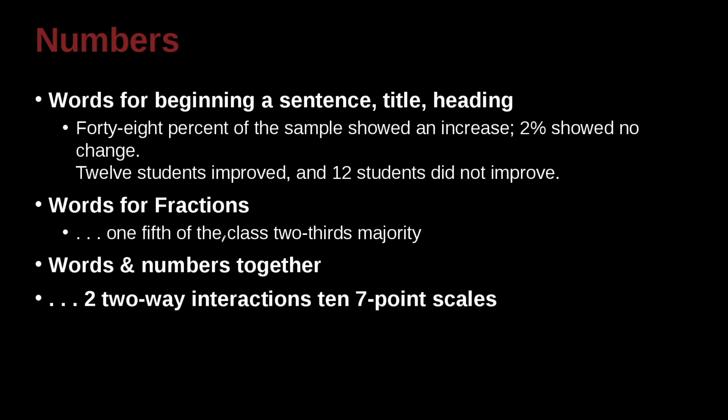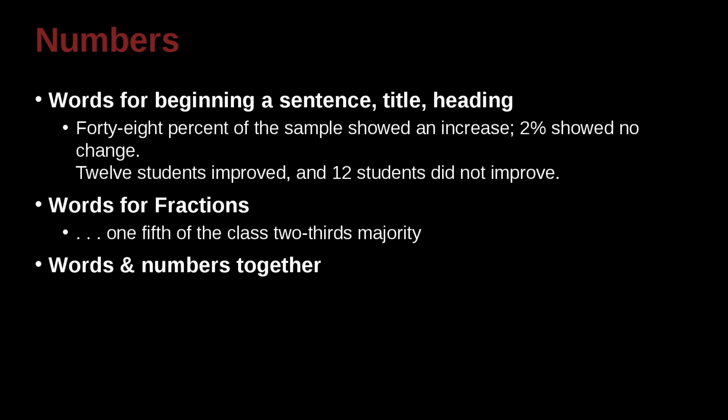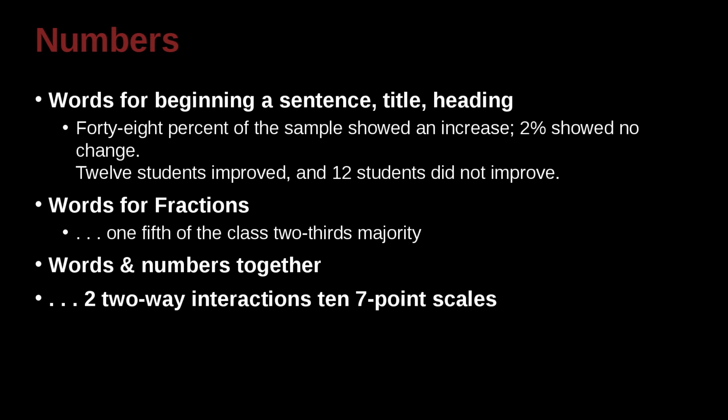And if you have words and numbers together, then you can follow this example. 2 two-way interactions, 10 7-point scales. So in this case here, we're going to say 2 of those. Now here we have 2 is less than 10, right? So we're thinking, hey, less than 10, you should spell it out.